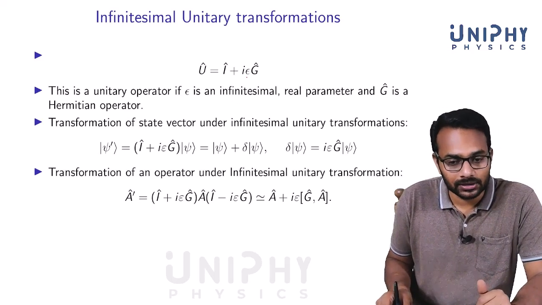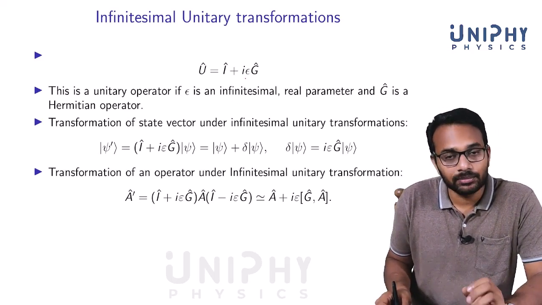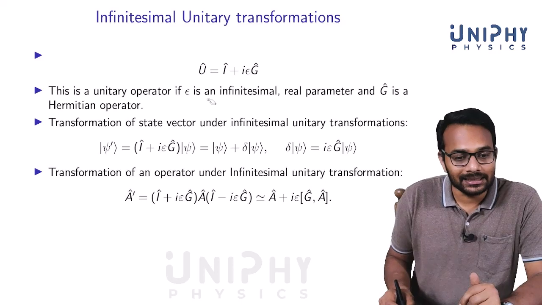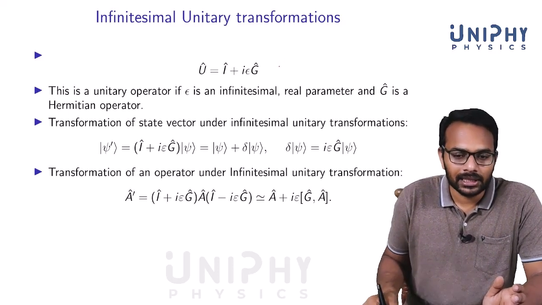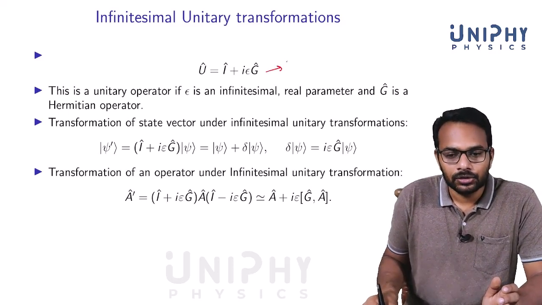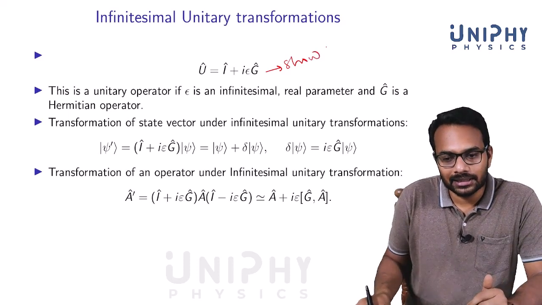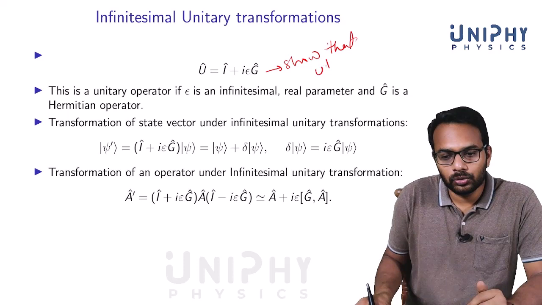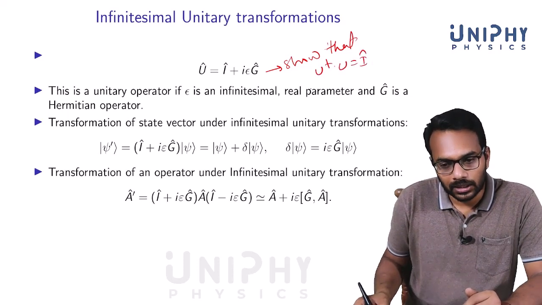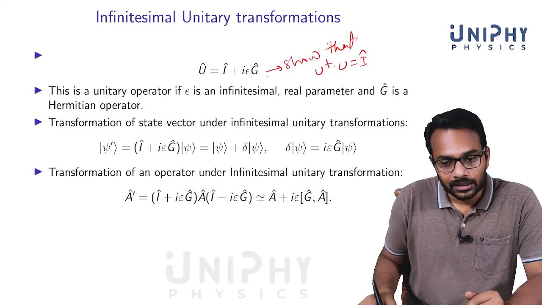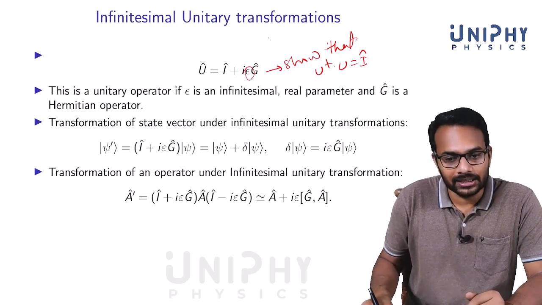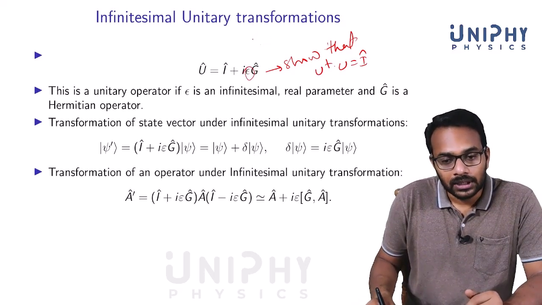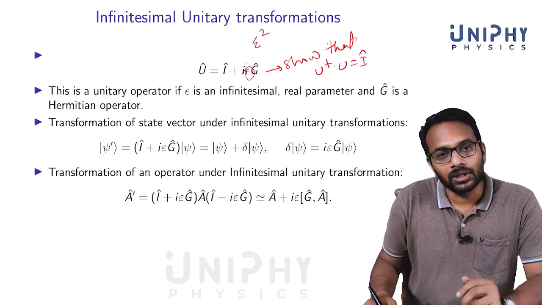Here epsilon is an infinitesimal small real parameter, and G is a Hermitian operator. You can actually show that U dagger U is equal to I. I leave it as an exercise to you. The trick is that since we are talking about infinitesimal things, you have to neglect terms of order epsilon squared and greater.